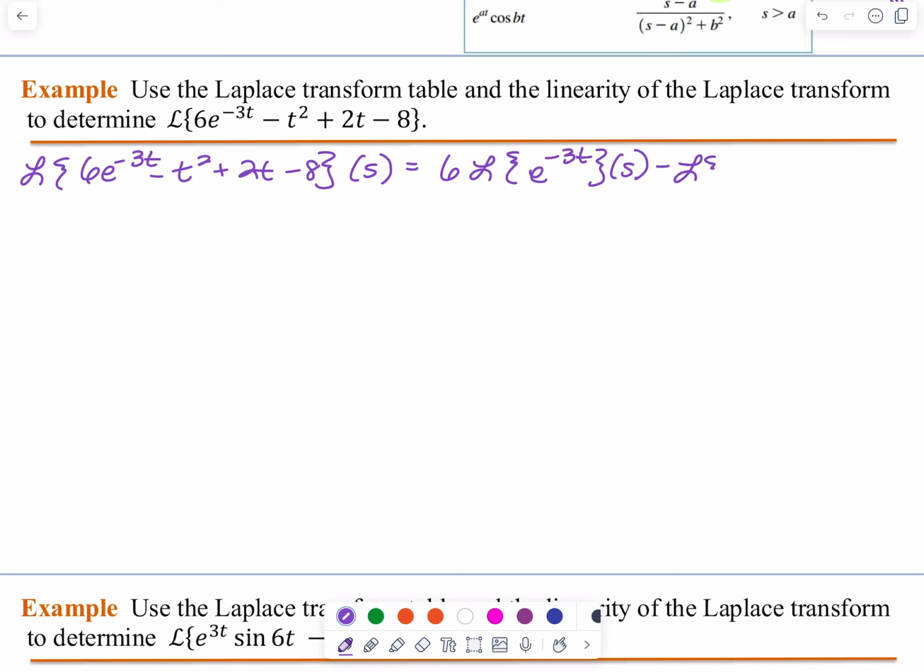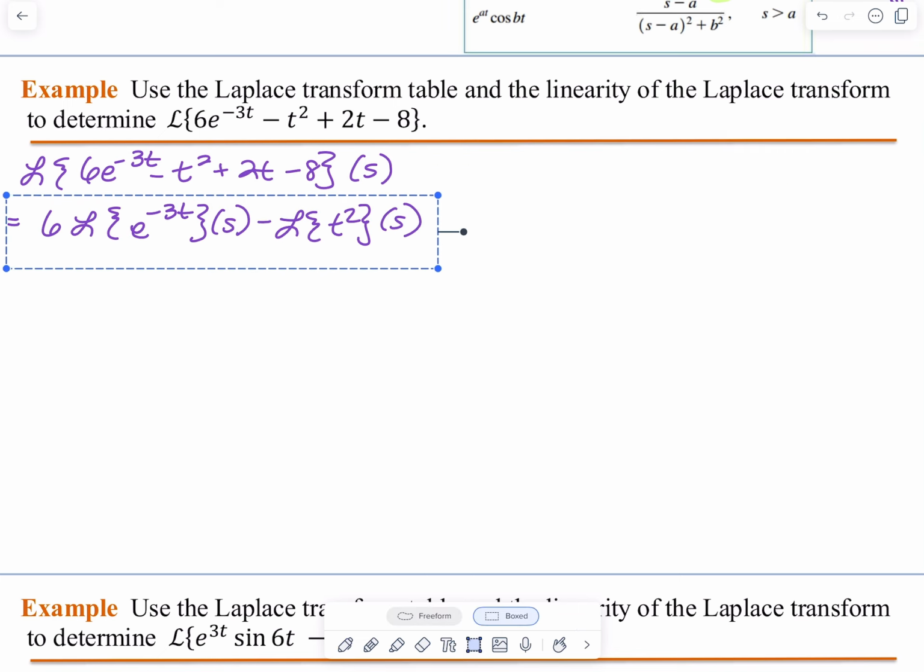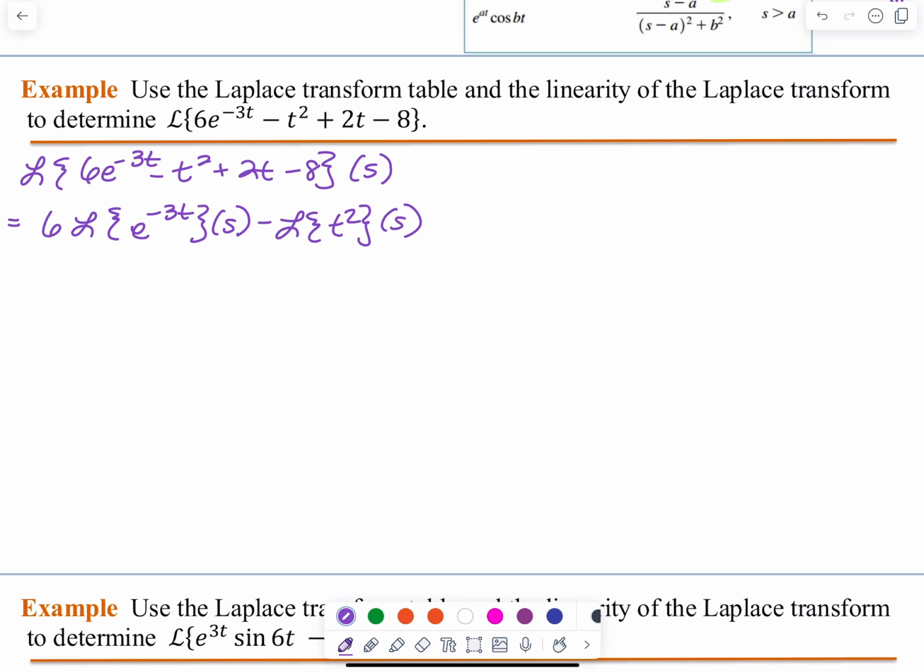minus the Laplace transform of t squared of s. And I think I'm going to go ahead and write that below, and that way I can write a little bit larger. Plus 2 multiplied by the Laplace transform of t of s minus 8 multiplied by the Laplace transform of 1 of s.